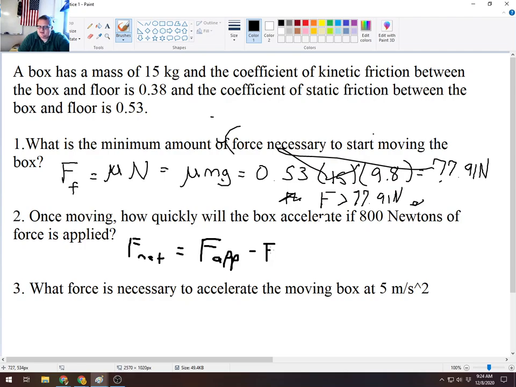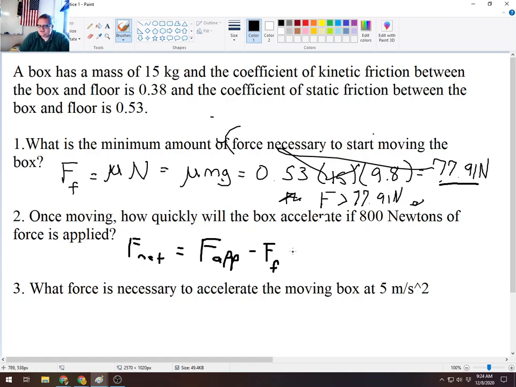But remember that the frictional force is always going to work against our applied force, against motion. So if I push with 100 newtons to the right, the frictional force is going to push with, we already calculated earlier, 77.91 newtons back to the left against me.